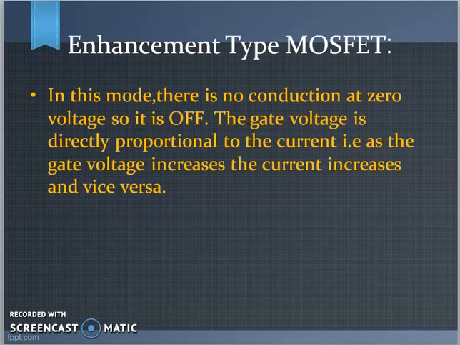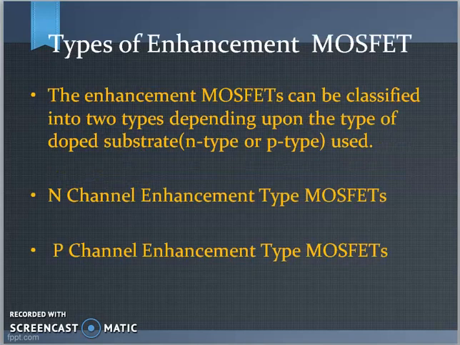The meaning of this is that as the gate voltage increases, the current will also increase, and as the gate voltage decreases, the current also decreases. The types of enhancement mode depend upon the doping of the body, whether it is N type or P type. So N channel enhancement type MOSFET, P channel enhancement type MOSFET.